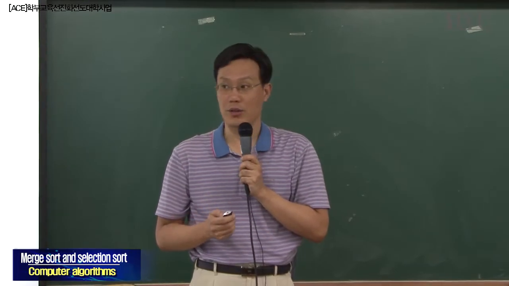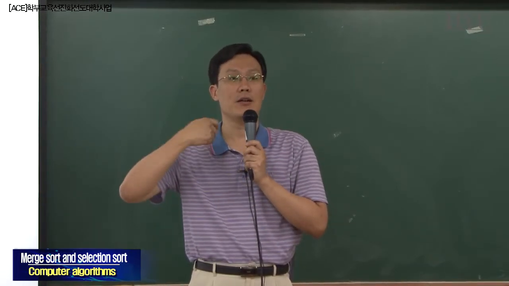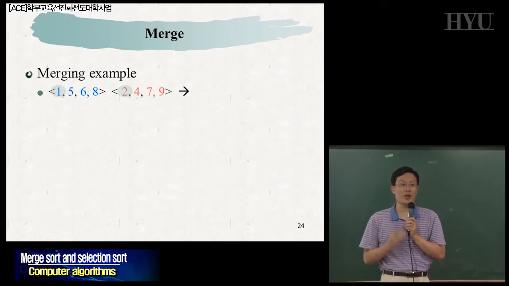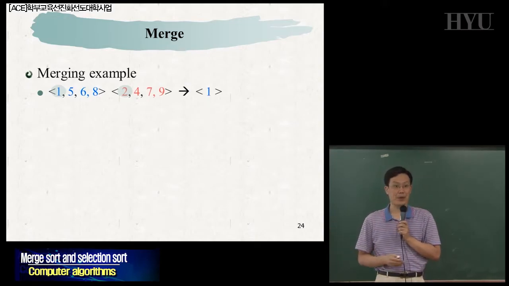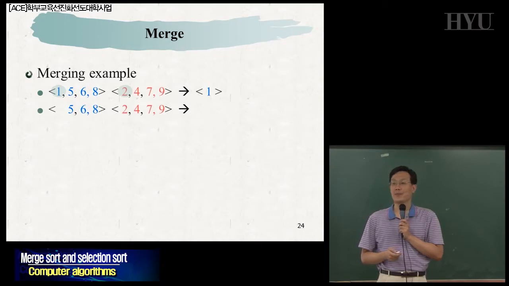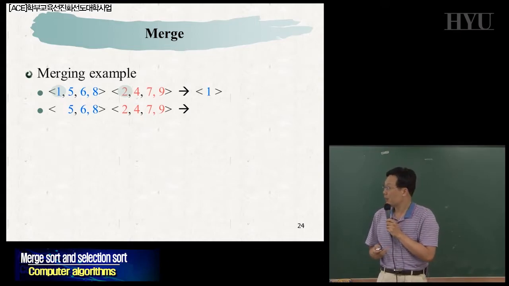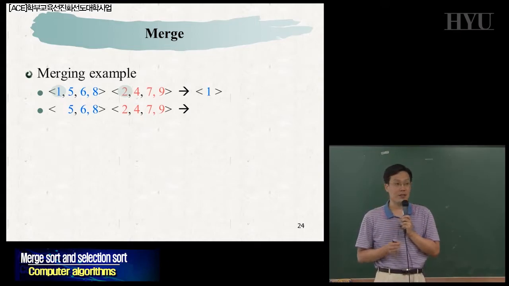One is smaller. Then move it to the resulting array. Then we do the same thing in the remaining lists. In this case, they are 2 and 5. This time, 2 is smaller, so we move 2 to the output array.